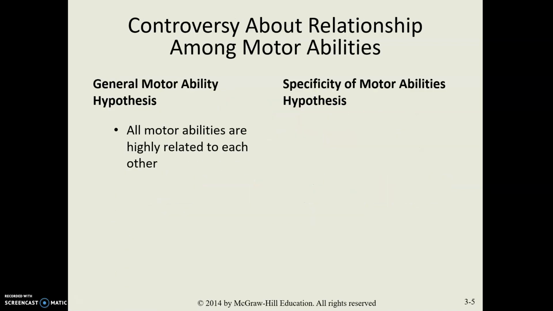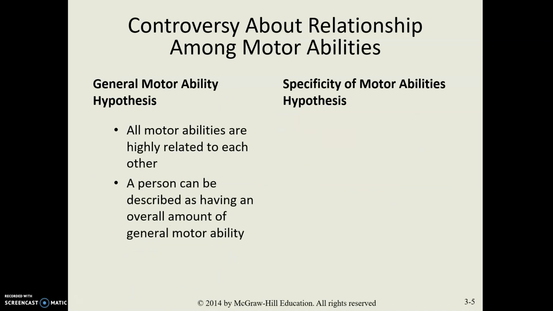So general motor ability, all motor abilities are highly related. A person can be described as having an overall general motor ability. An example of this might be the all-around athlete. They're successful in whatever sport they are involved in because they have this general underlying motor ability.